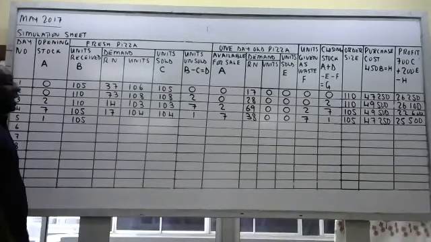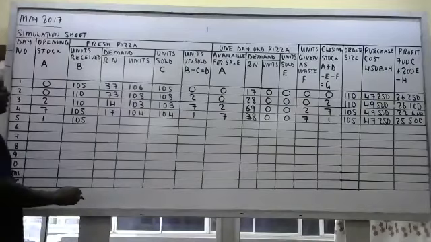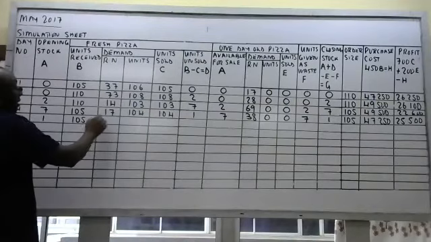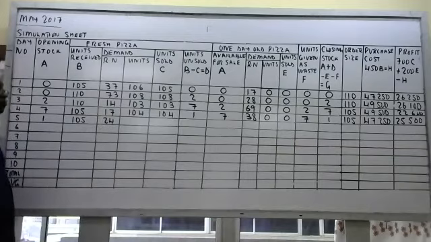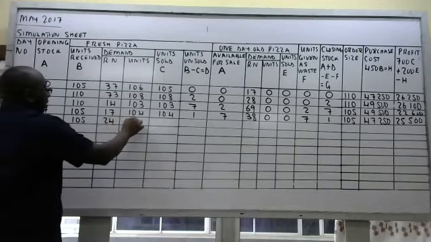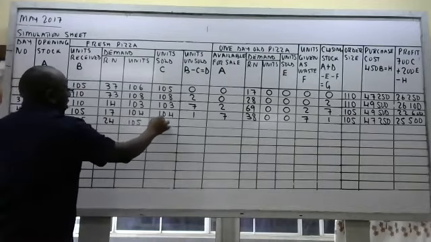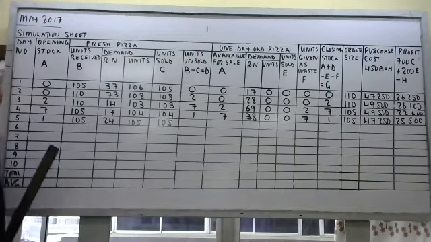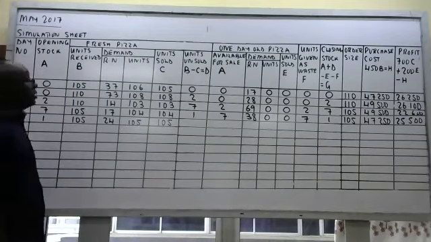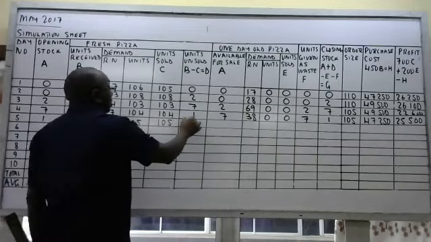So random number is 20. So how many units? 105. So we sell 105. Anything that remains unsold, 0.